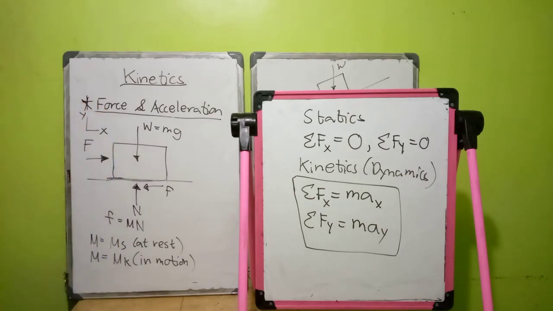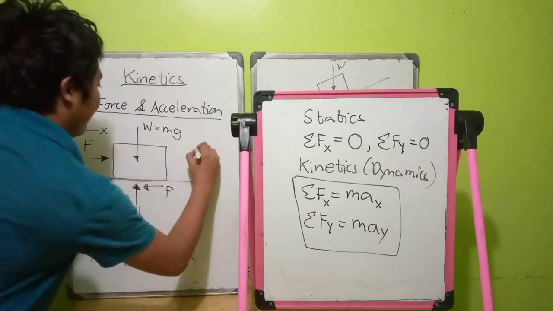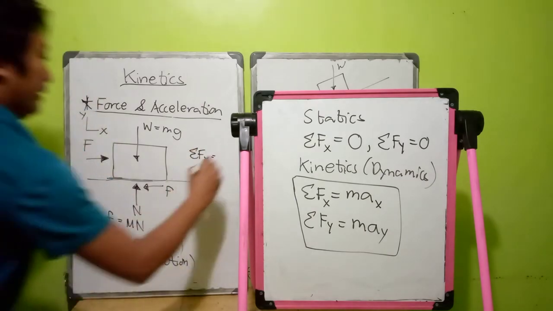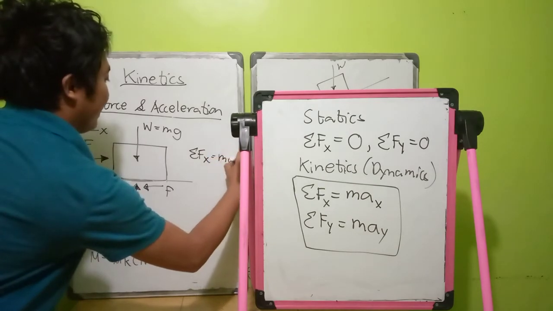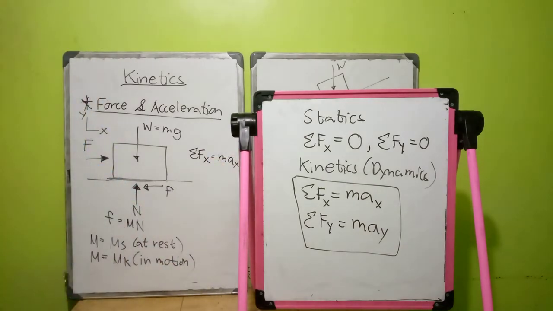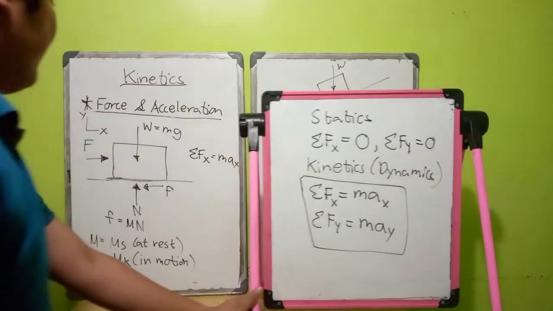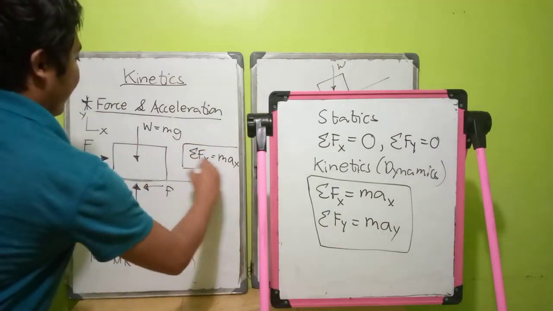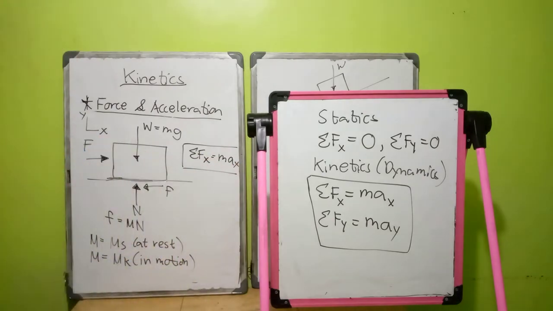So therefore, the summation of forces along x is equal to mass times acceleration along x. So this will be your equation along the x direction.